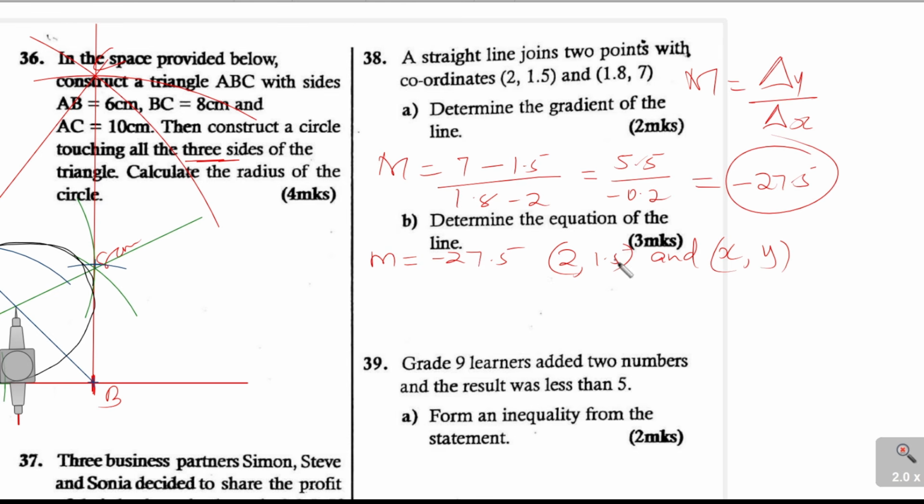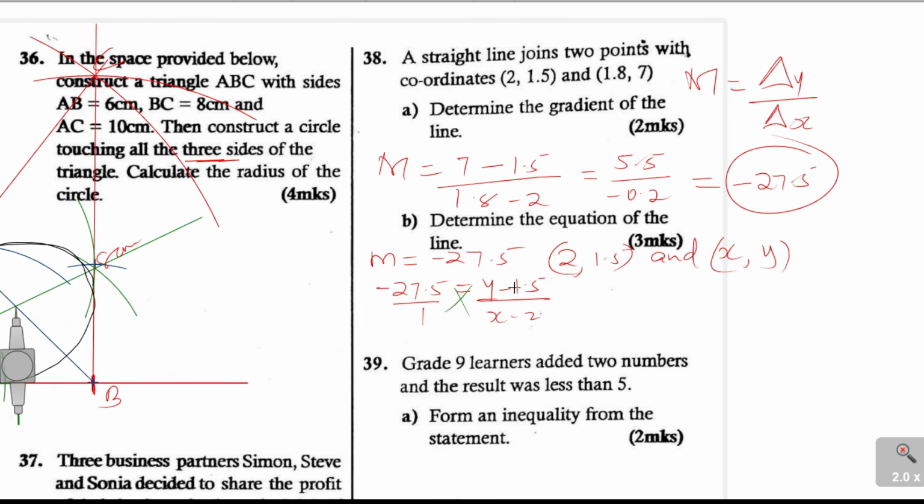So the gradient, which is negative 27.5, is given by y subtract 1.5 divided by x subtract 2. So that is how you get the gradient. So just put this 1 over 1, and then you cross multiply.